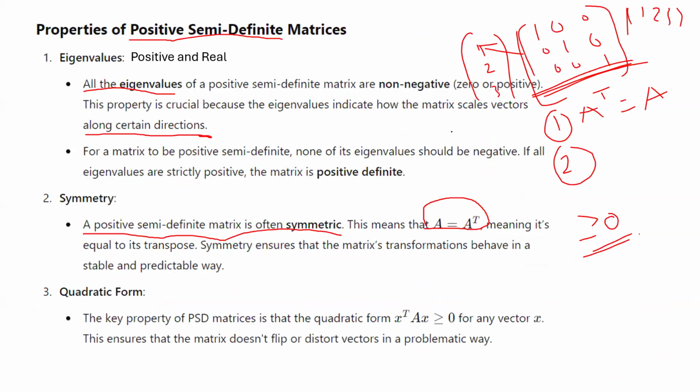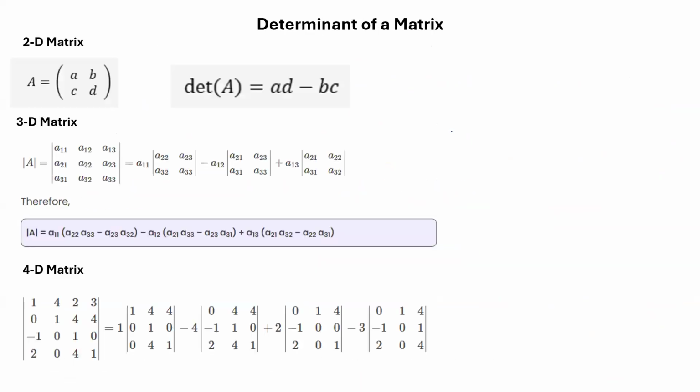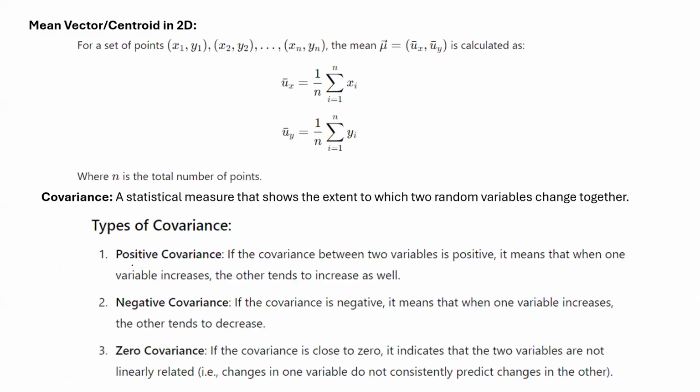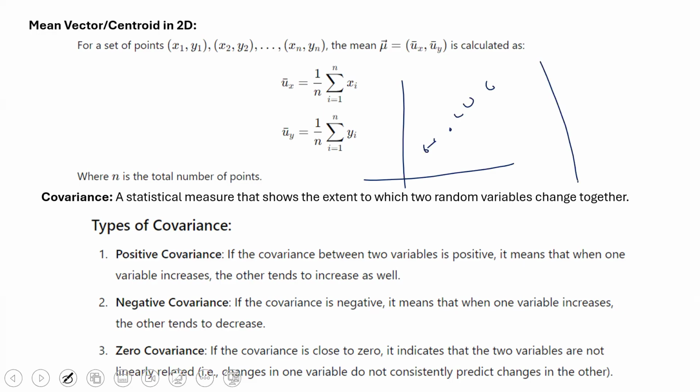What we studied somewhere close to here. Positive covariance means if the covariance between two variables is positive, then when one variable increases, the other tends to increase as well. Negative covariance means if the covariance is negative, then when one variable increases, the other tends to decrease. We have seen this, right? Some points like this, this is positive covariance.